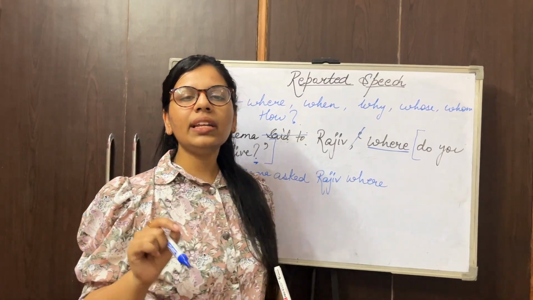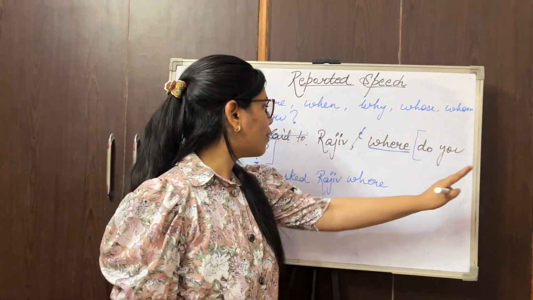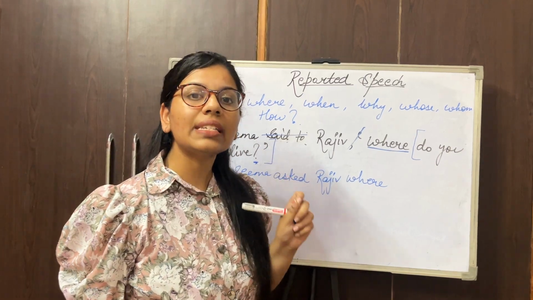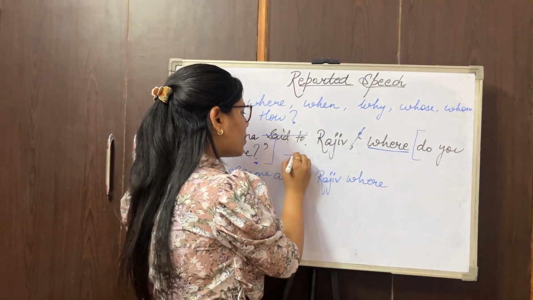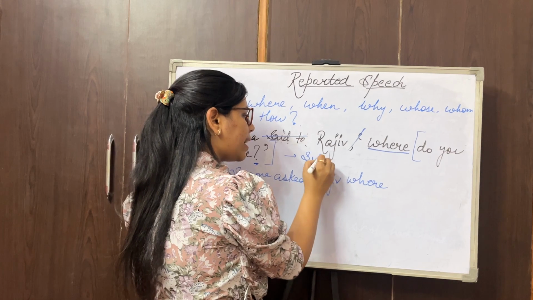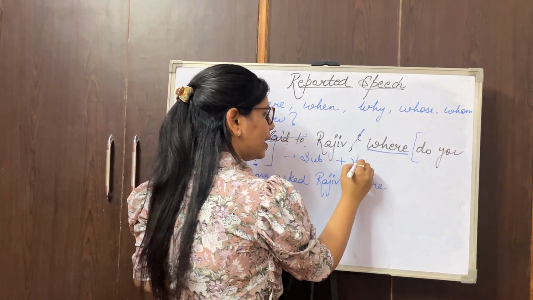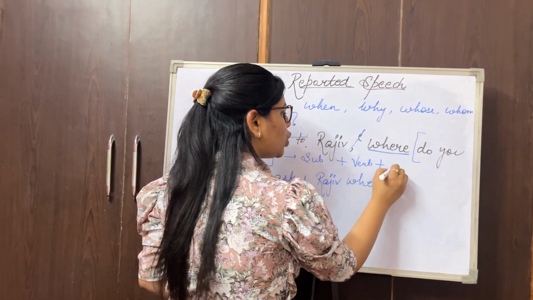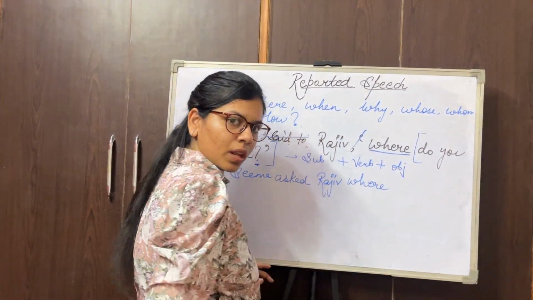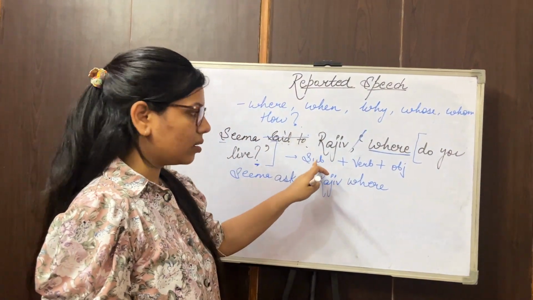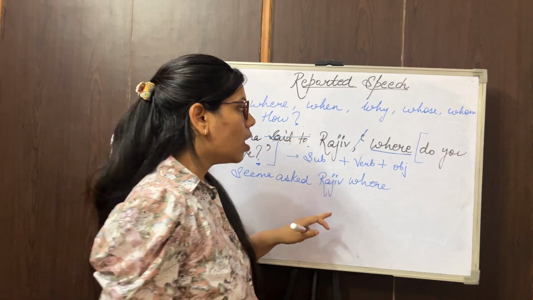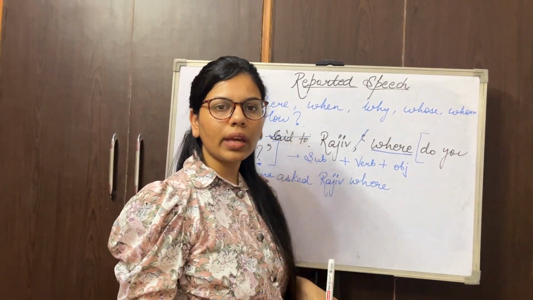Now this comes the part where we have to make major changes. Just like we did in yes or no questions, we have to change this into the statement. And how do we form a statement? First we write subject, then we write verb, and then we write object if any. So what is the subject here? Subject means the person or the thing that we are talking about.